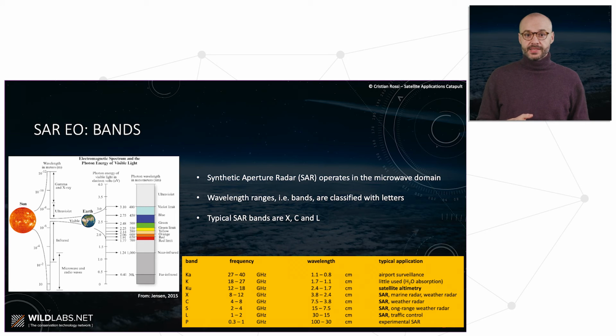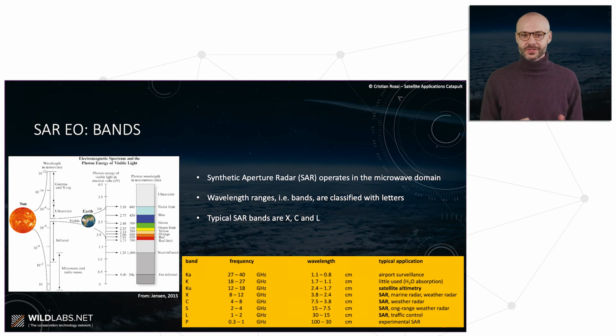As I just explained, SAR operates in the microwave domain. If you look again at the electromagnetic spectrum, and we look at the plot just next to the sun picture, we are in the lower part of it. The names of the bands in this case are slightly different. We no longer have a classification depending on the colors: blue, green, red, ultraviolet, infrared, and so on. SAR has a different terminology that depends again on the wavelength.